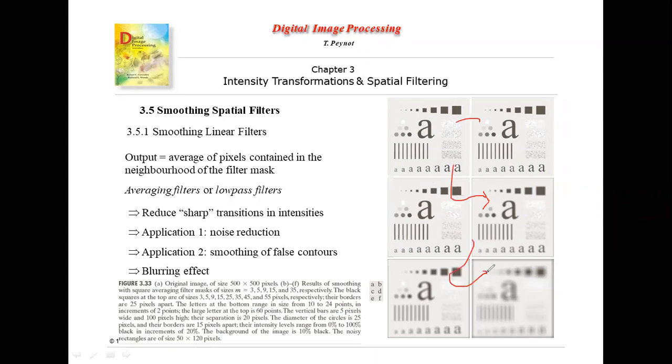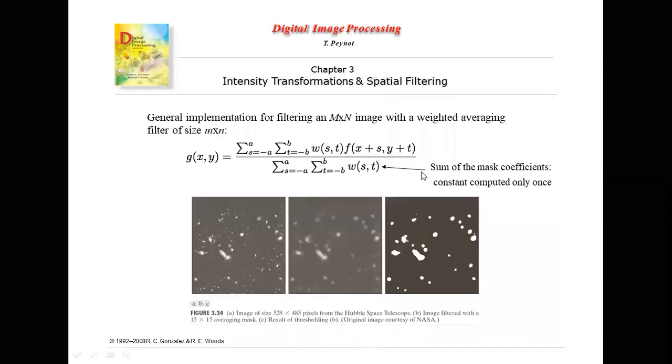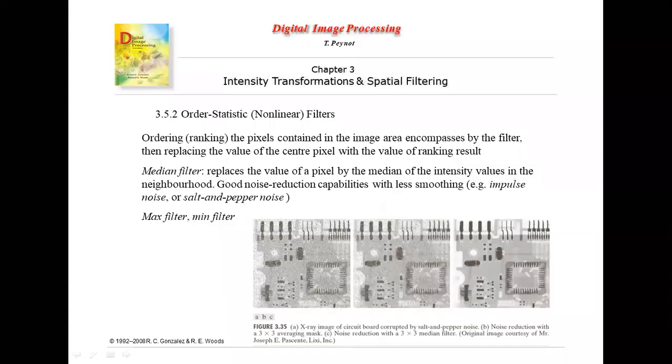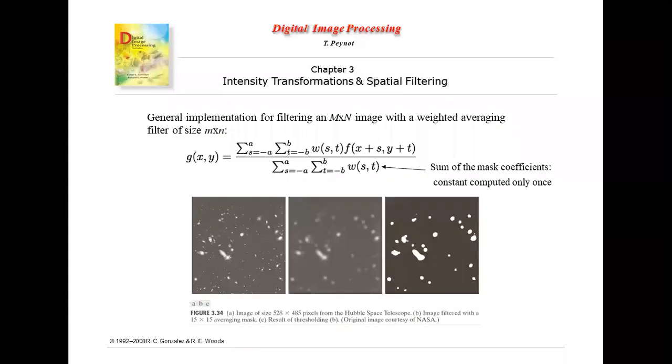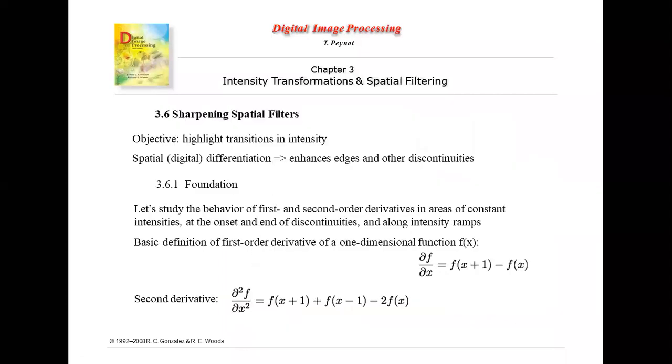Even though they look like blurring, for images that have too many edges it's good to have that blurring effect. Now, how to use this blurring effect? Do not jump to conclusions. We will see how we can use this blurring effect to our advantage. Filters can be smoothing filters, and filters can be sharpening filters also.